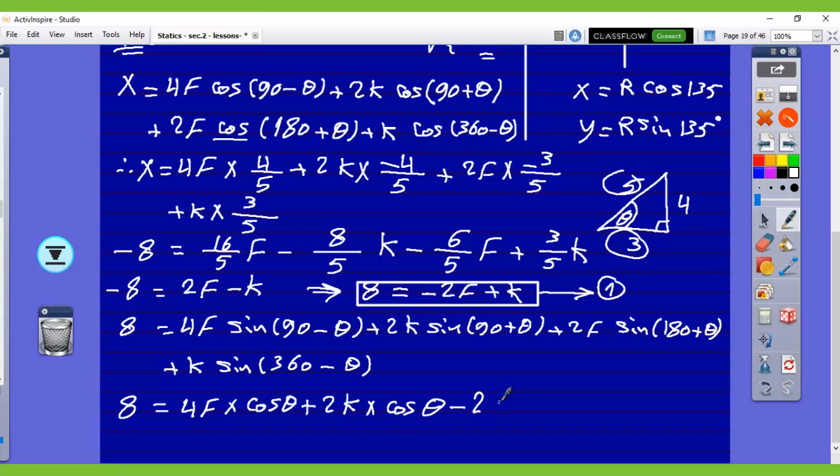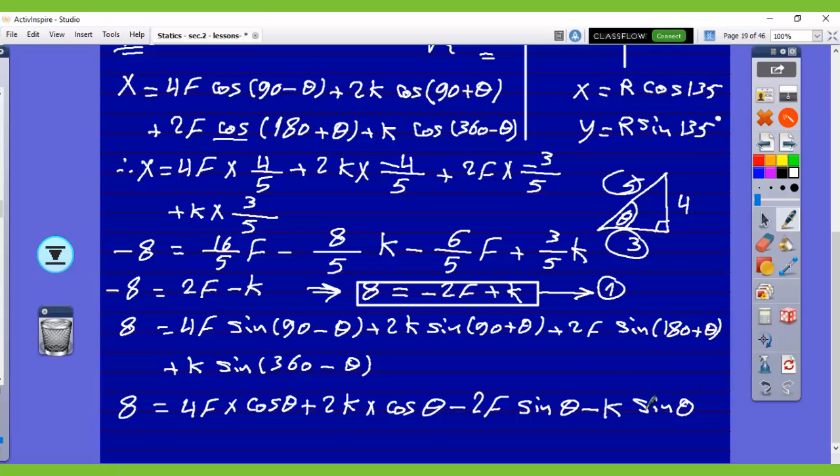So we write 2f sine 180 plus theta equals negative sine theta. Here we have sine 360 minus theta. It lies on the fourth quadrant, so its sign will be negative, k sine theta itself.